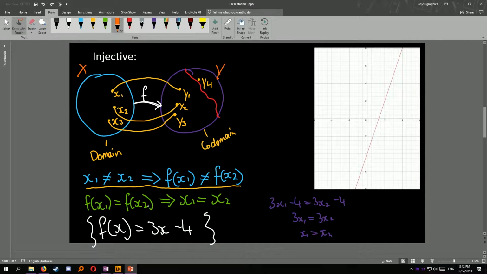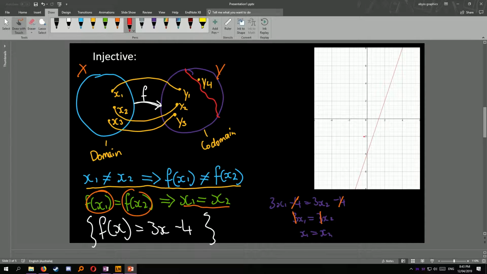So we get our example here, we say f of x1 and f of x2, so that's 3x1 minus 4, 3x2 minus 4. We can use simple algebra, cancel out the 4's. We are left with 3x1 is equal to 3x2, and we can divide either side by 3, and the result is x1 is equal to x2, thus satisfying our injective proof.